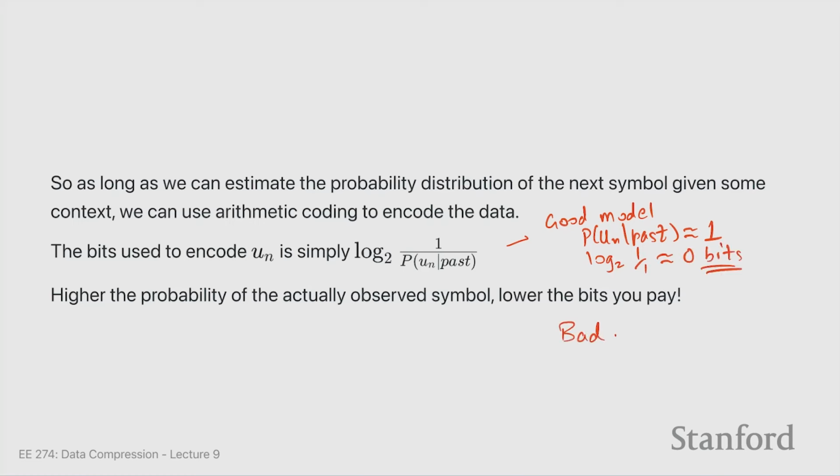And if it's a bad model, it would say, for example, that after a Q you are never going to get a U. That would be a very bad model for English, right? And then the log of 1 over a very small number is going to be large, right? So if you have a good model, good compression; bad model, bad compression. Okay.